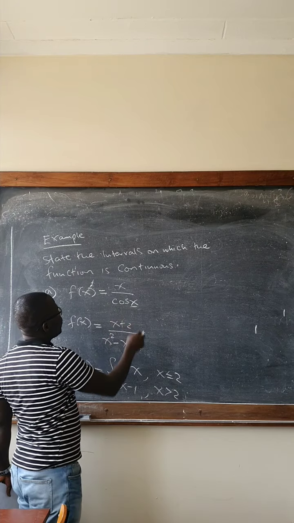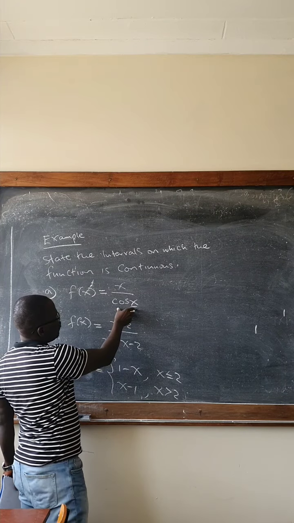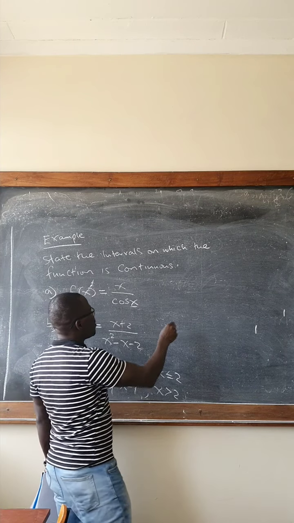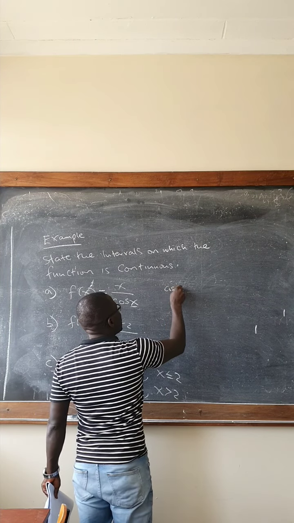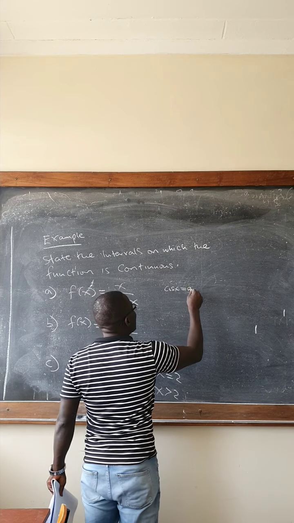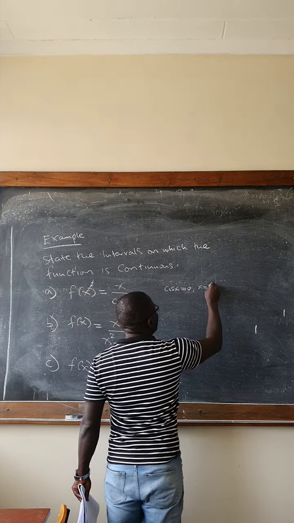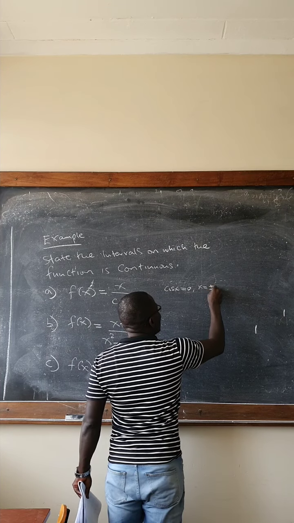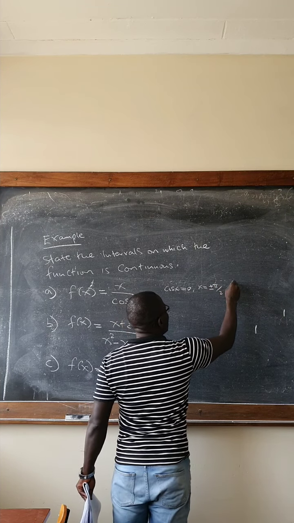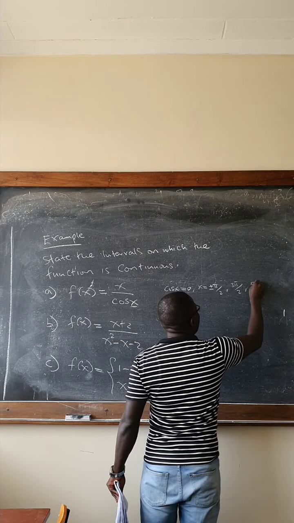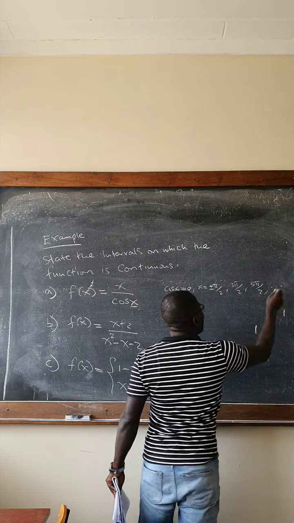Here the intervals, of course, are many, so you just have to remove all points at which cosine of x is equal to 0. And we know that, for example, cosine of x is equal to 0 at x equal to plus or minus pi by 2, 3 pi by 2, 5 pi by 2, and so on.